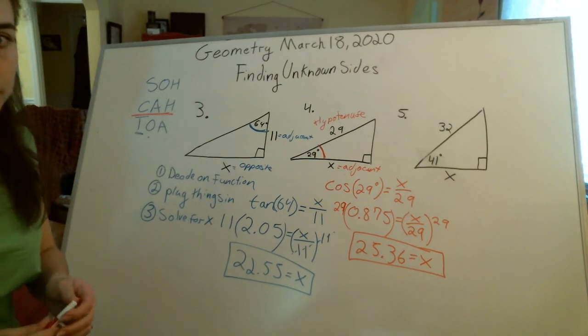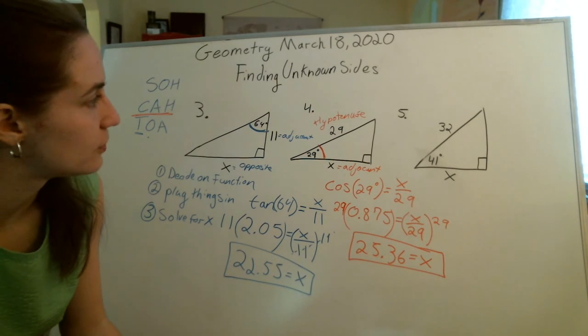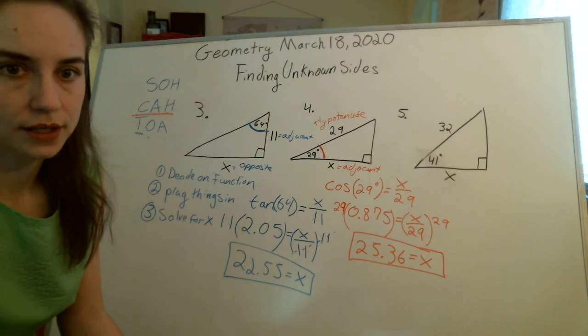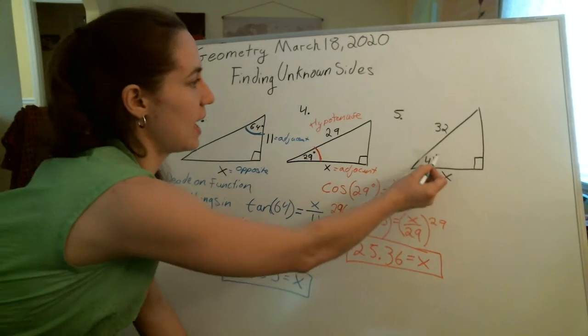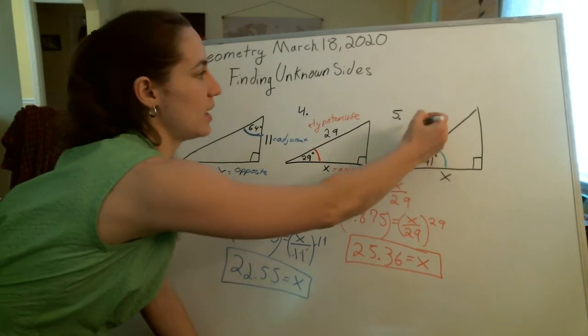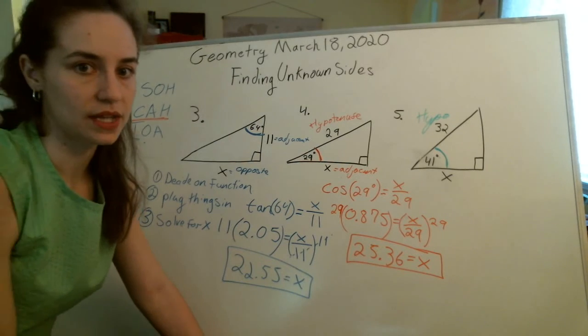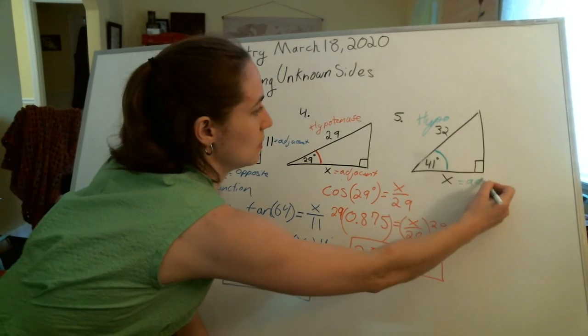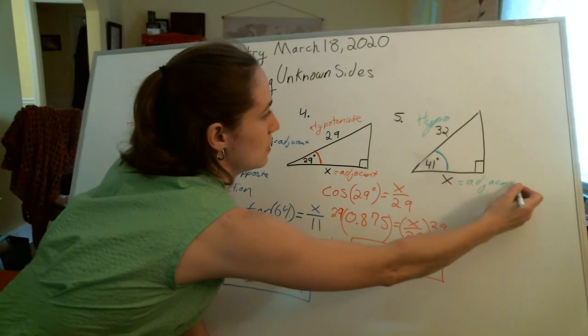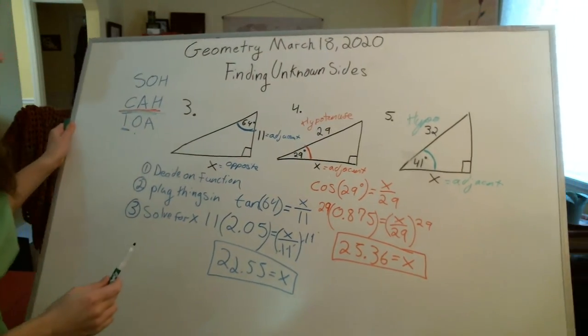Sorry, I forgot to include a sine example, but that would just be where you have opposite over hypotenuse. And this one, again, we're given an angle, 41 degrees, and we're given the hypotenuse and the adjacent. So if I've got hypotenuse and adjacent, I'm going to use cosine again.